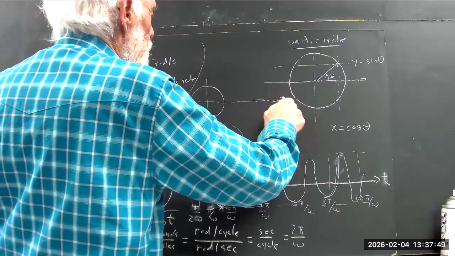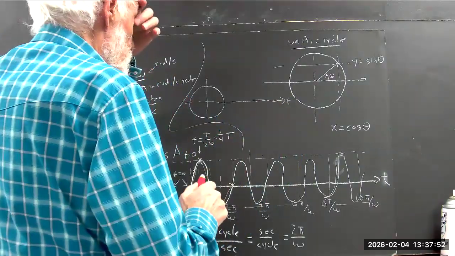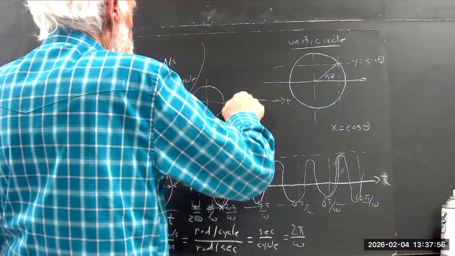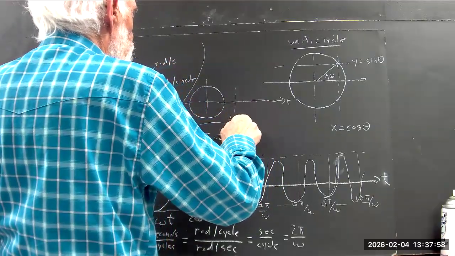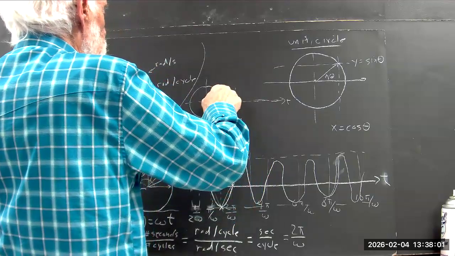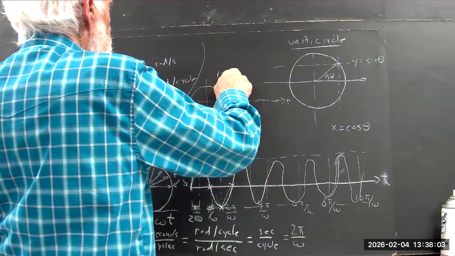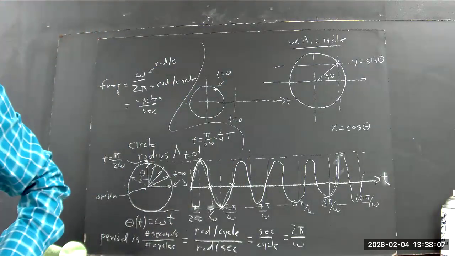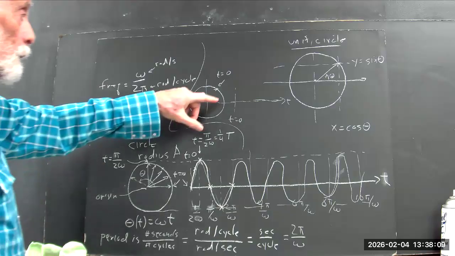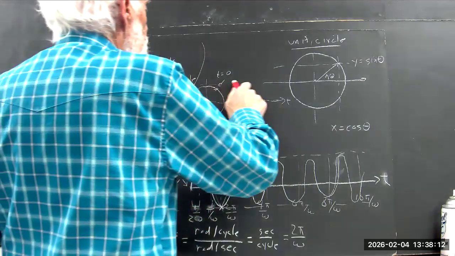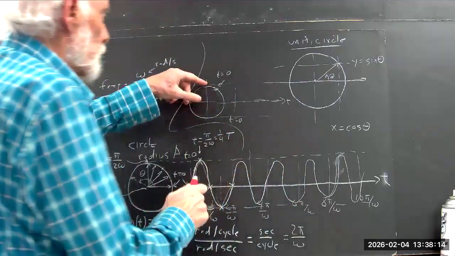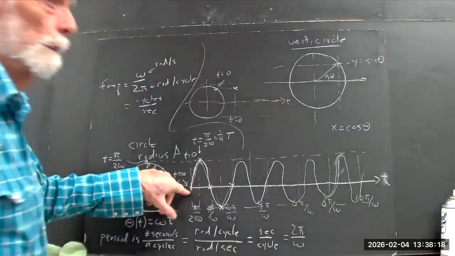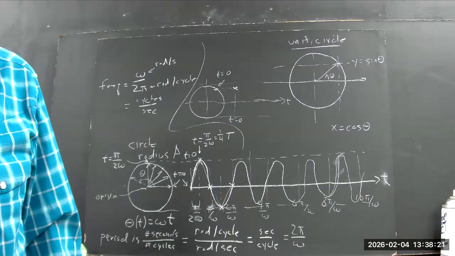So here's my t-axis. And let's say here's my t equals 0. But I start the thing here. I'm starting near the top, so here's my initial point. It's not here anymore.